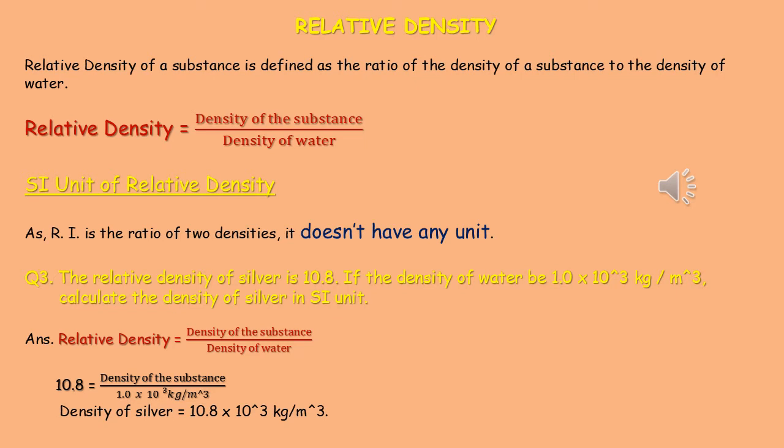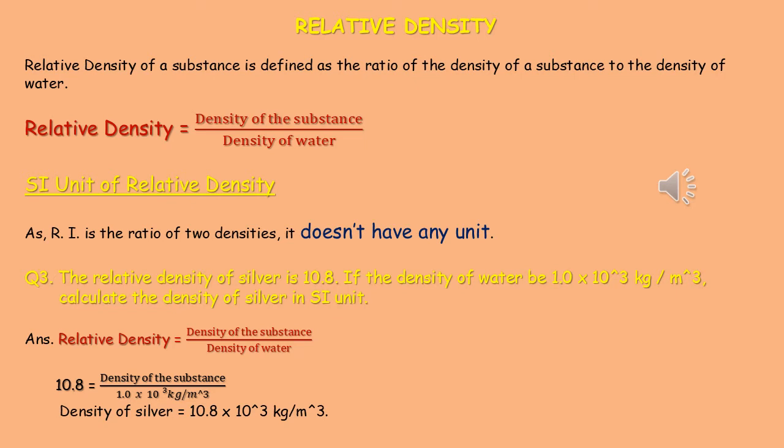Let us do few numerical problems on relative density. The relative density of silver is 10.8. Note that there is no unit written with it. If the density of water be 1 into 10 to the power 3 kg per meter cube, calculate the density of silver in SI unit.